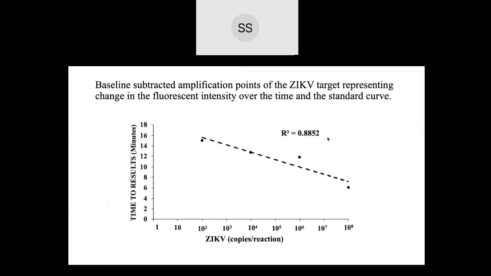Therefore, it is not necessary that we will get a good R squared value. It could vary anywhere from 0.8 to 0.95. That is one of the reasons we observe a lower R squared value of 0.885.